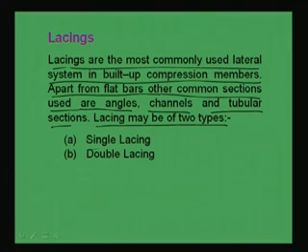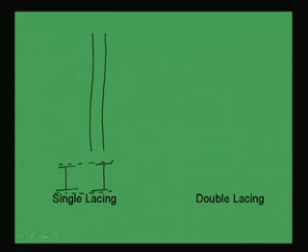Now, lacing can be divided into two types: one is called single lacing, another is called double lacing. What is single lacing? Let us see. For single lacing, say two I sections are there, right. Suppose these are the two I sections. Now the lacing is provided here. If we see the elevation, this is one I section, this is another I section, right.